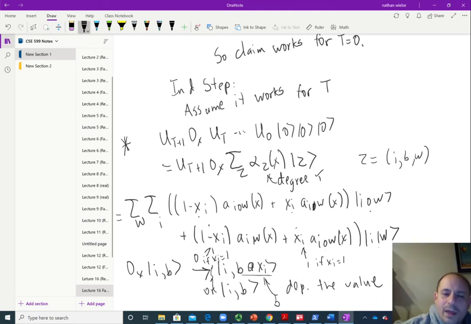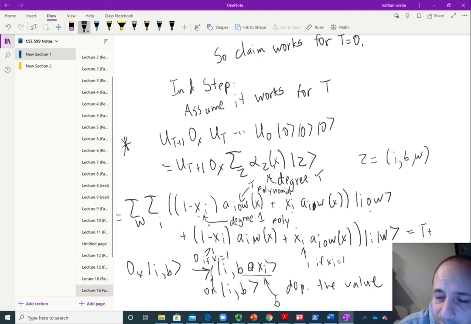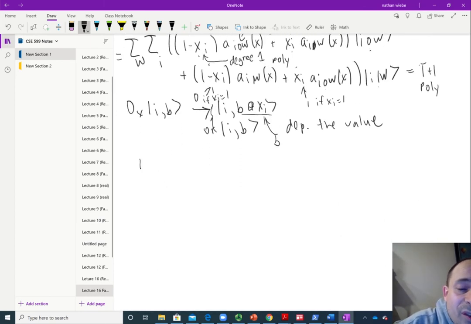However, when we look at this expansion, we see that each of these individual terms is multiplied by, worst case scenario, a degree 1 polynomial. This was a degree t polynomial by the induction hypothesis, so the result is a degree t plus 1 polynomial. However, the claim was that this is a multilinear polynomial.